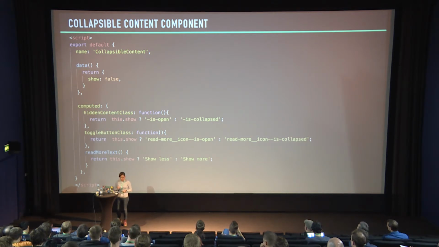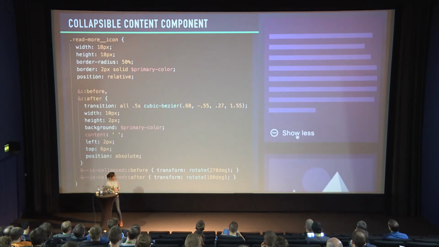So based on the show variable, we define if the hidden content class is open or is collapsed. The same thing for the toggle button class, and also for the read more text itself to be either show less or show more.